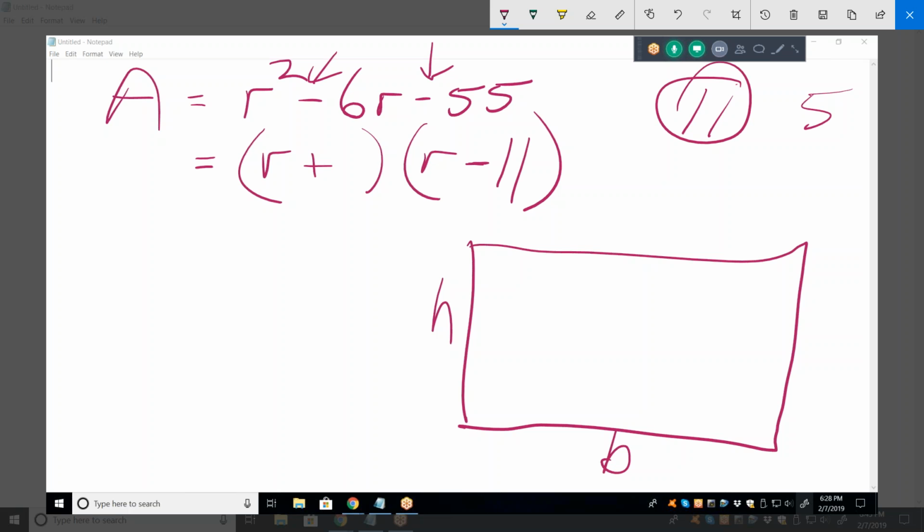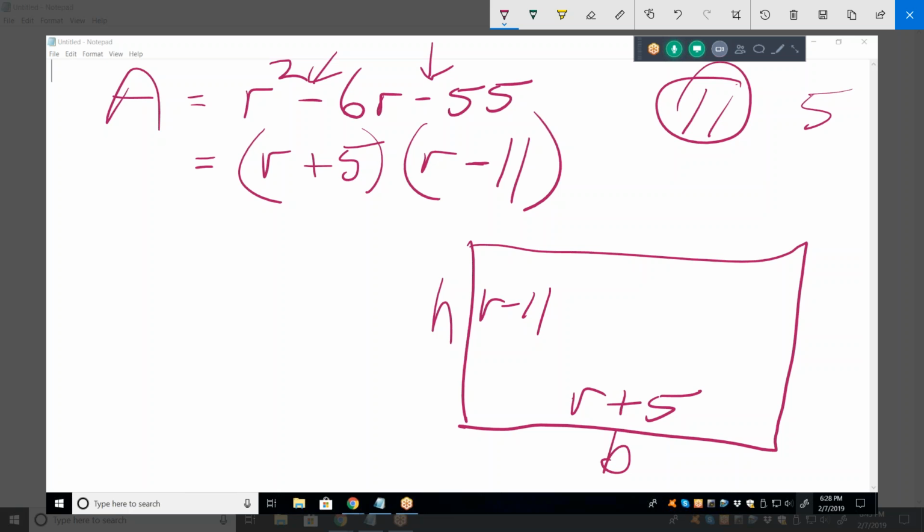Always goes with the sign of the middle term, which will then be 5 there. And now my dimensions are pretty easy. R plus 5 is the base. R minus 11 is the height. Or vice versa.